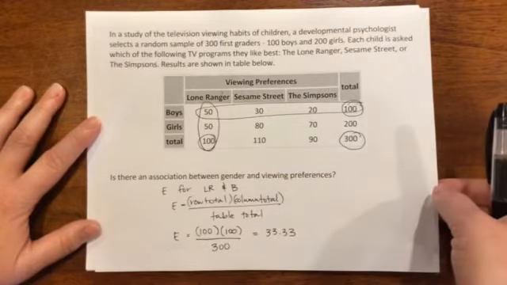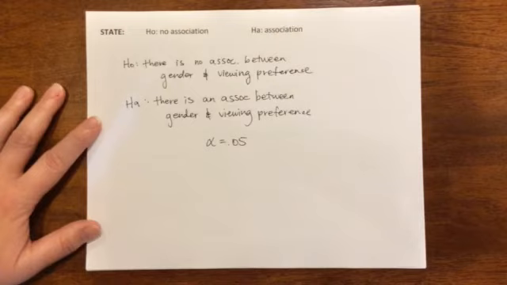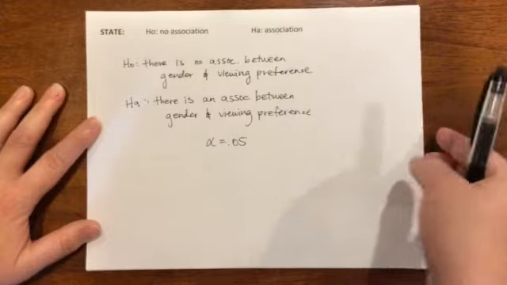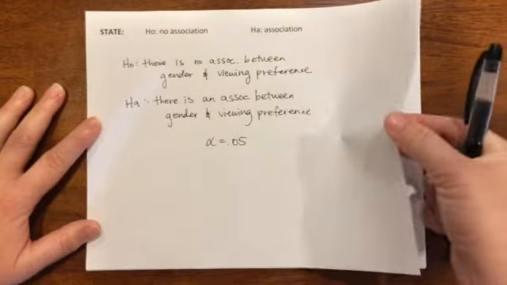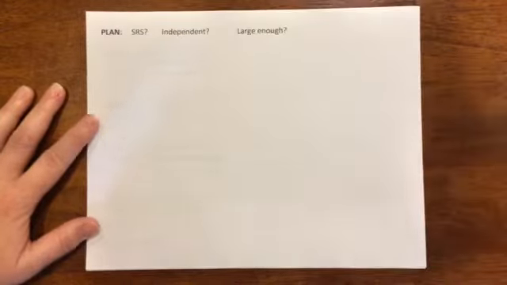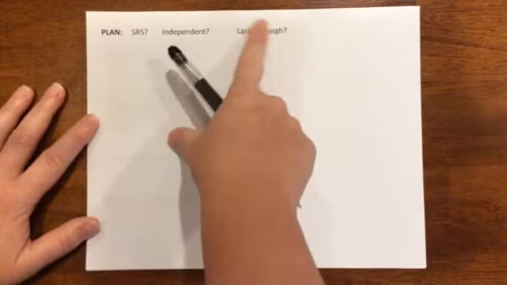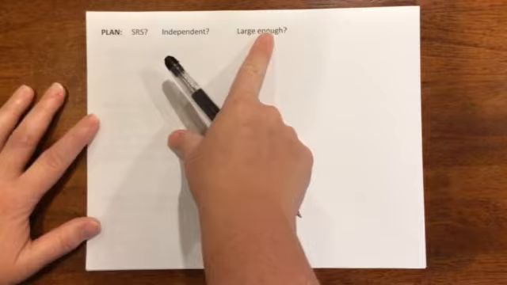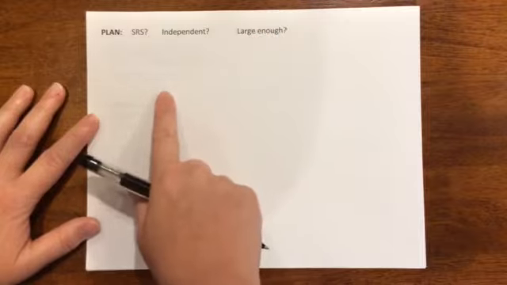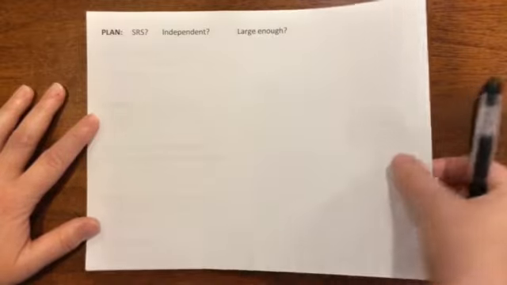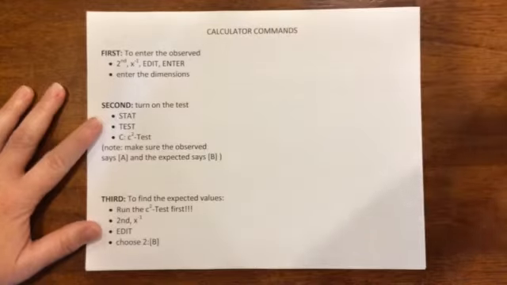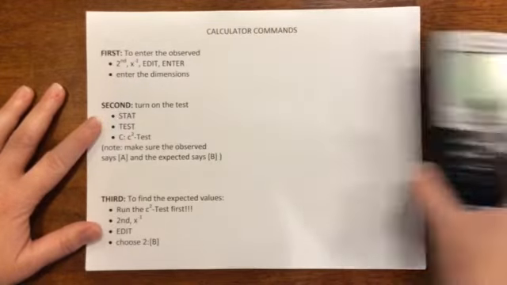So I'm going to use my calculator to figure out the rest. Okay, so the planning portion of this problem, we have to figure out if the problem is random, independent, and large enough. And this always refers to the expected values. So we need our expected values before we can do anything else. So I'm just going to give you guys some calculator commands on how to do this.